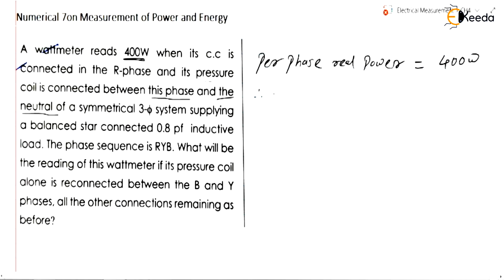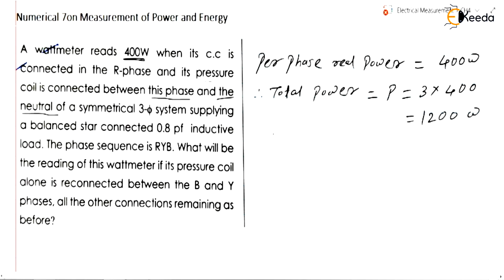Therefore, the total real power is P equal to 3 into per phase power, that is 3 into 400, so it is equal to 1200 watts. This is the total power consumed, which we can find from the given data.